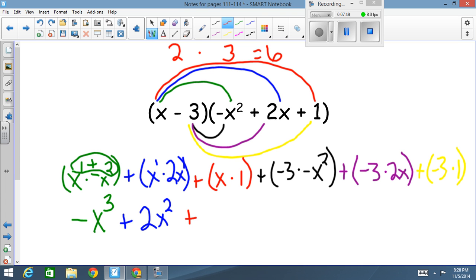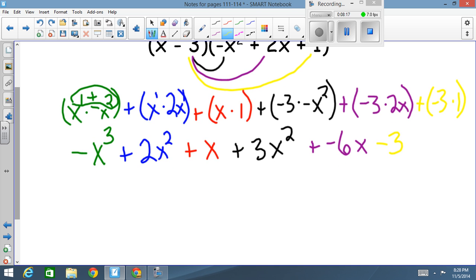If I have x times 1, well, that's just x, 1x. Negative 3 times negative x squared, that's going to be a positive 3x squared, a negative times a negative. Negative 3 times 2x, well, that'd be a negative 6x. And then negative 3 times 1 is just a negative 3.